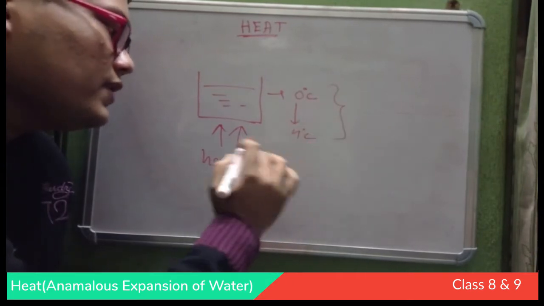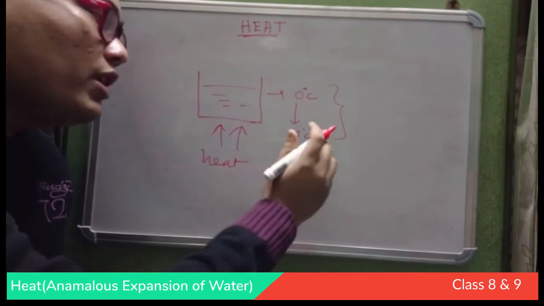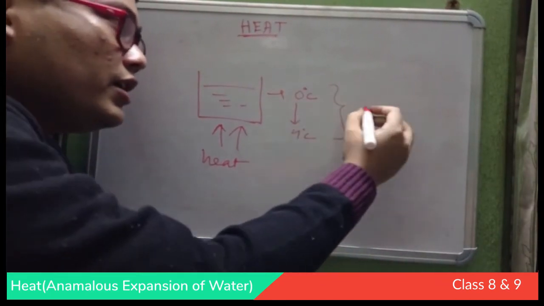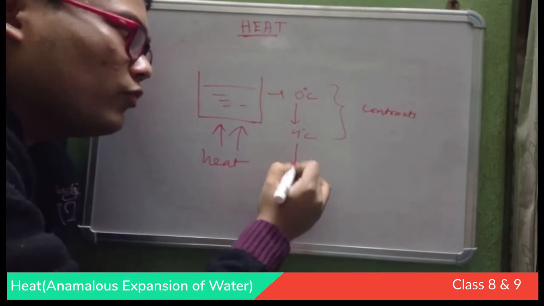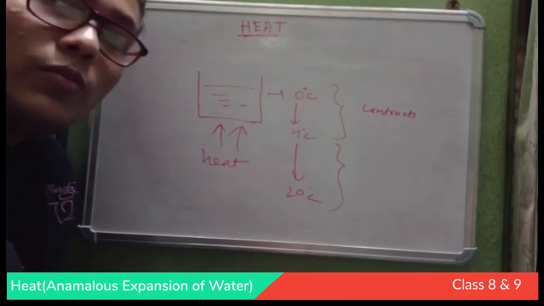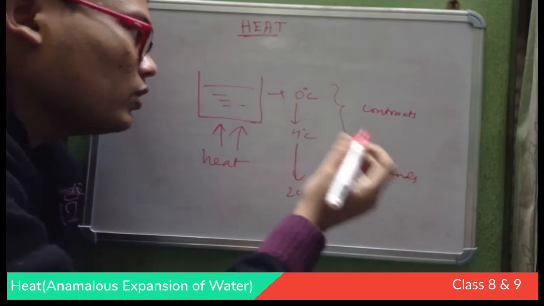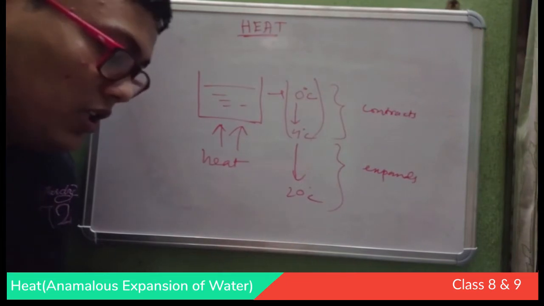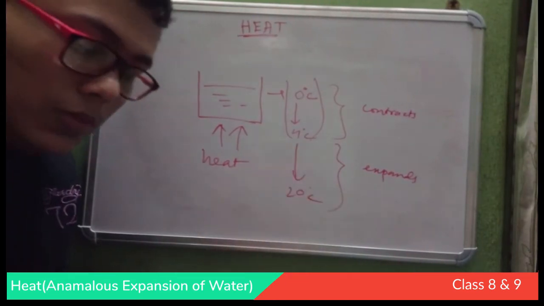But in this phase, usually if we heat something, its volume will expand, but it is seen that it actually contracts, and from 4 onwards it shows the normal property, which is that it expands. So in this temperature range from 0 degrees to 4 degrees Celsius, water exhibits this abnormal property.